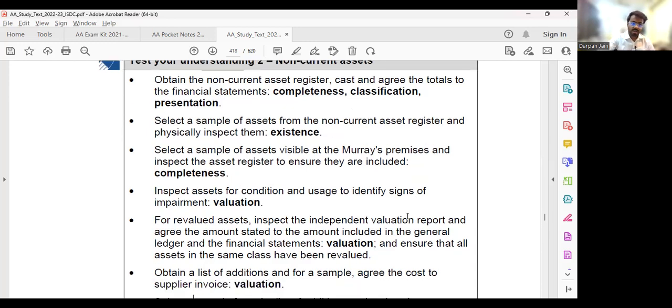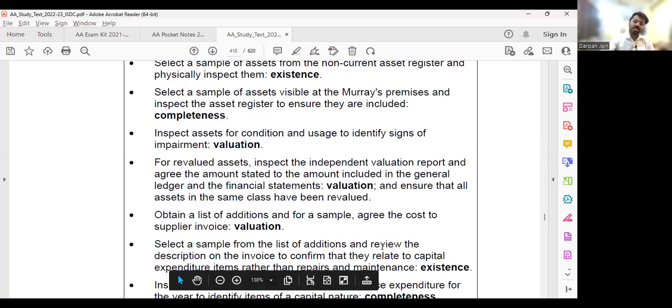Okay. Next, inspect the assets for condition and usage to identify signs of impairment. Physically inspecting means what? You're looking at those assets, right? So see the condition of the assets and see the usage to see if there's any impairment. Is there any requirement of recording an impairment of the assets?